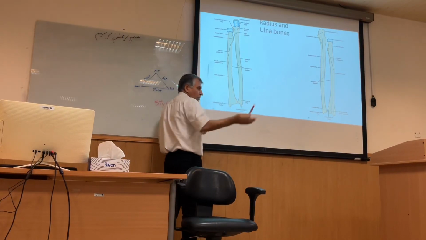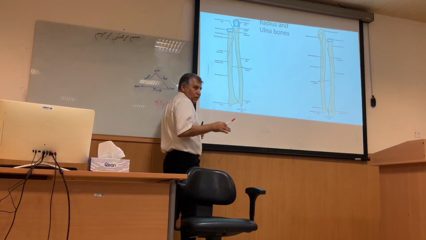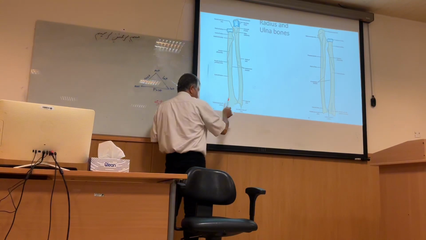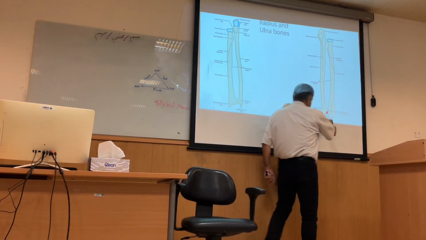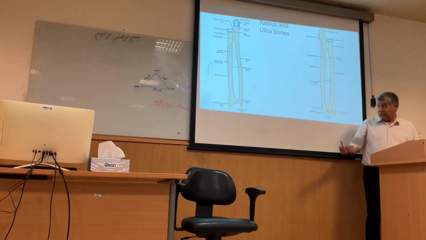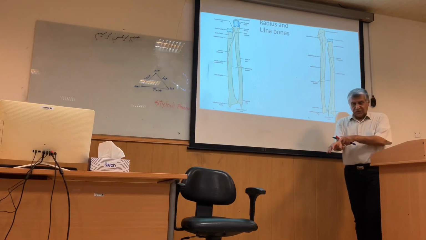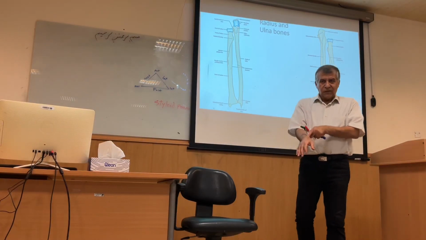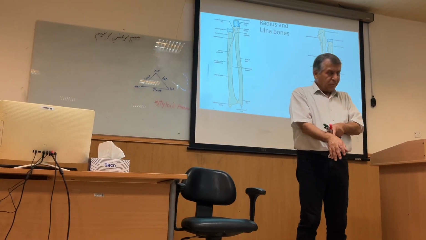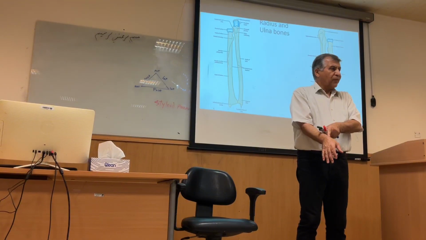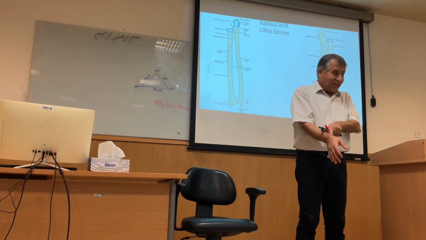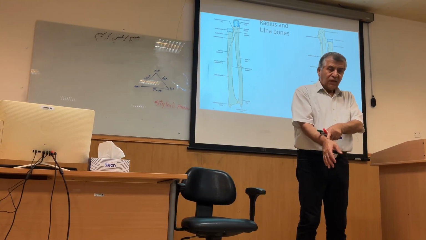The anterior surface is not important; there is no special structure. You can touch this styloid process on the lateral side of the radius.